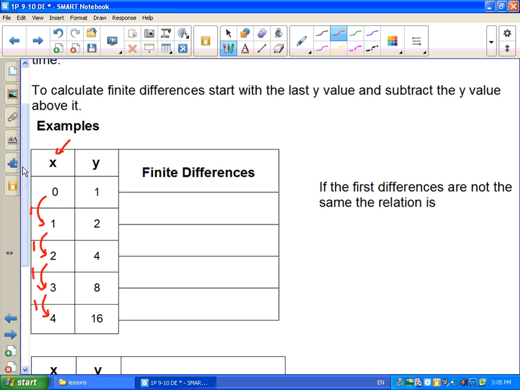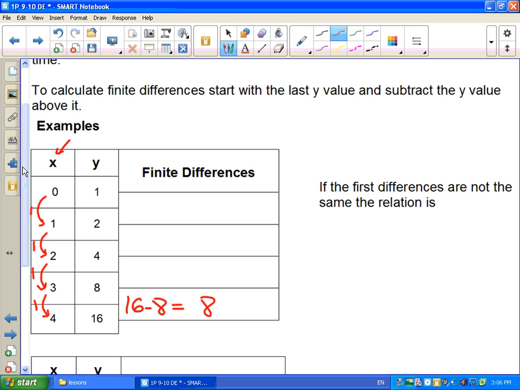So to calculate our finite differences, we're going to start with the last y value, and we're going to subtract the y value above it. So we go to the bottom of our table, our last y value is 16, and we're going to subtract the y value above it. 16 minus 8 equals 8.